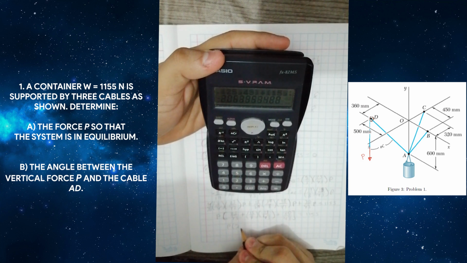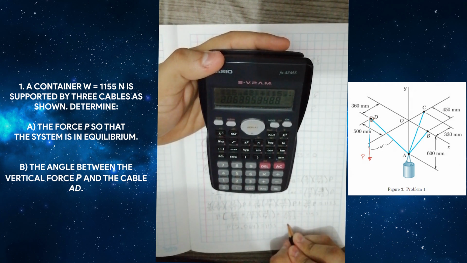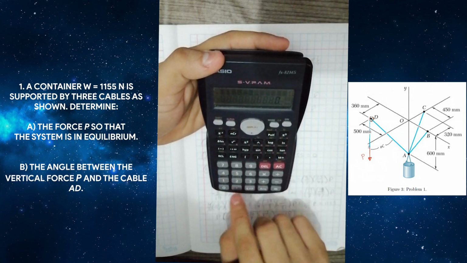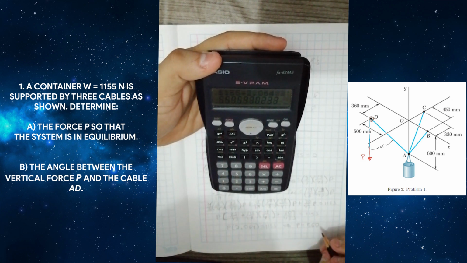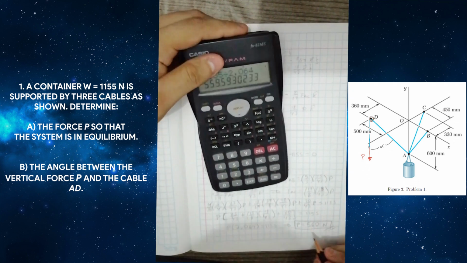That is 2.064 equal to 1155, and for that P is equal to 560 newtons. This is the magnitude of the force P.